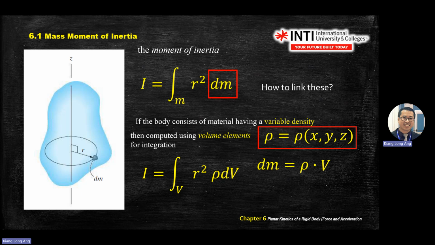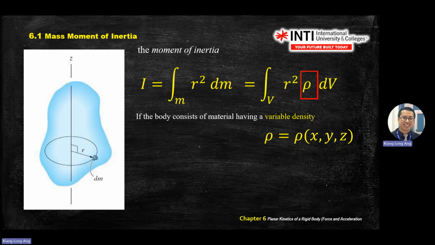So this is a constant value, this is dV. So that's why in the equation, dm becomes rho dV. Then what I need to highlight here, your integration just now is dm with its mass. Now, when you develop dm into rho dV, you integrate volume and no longer mass.